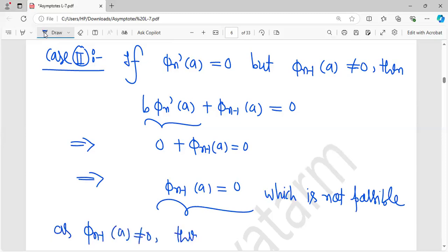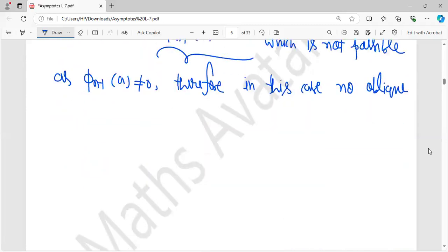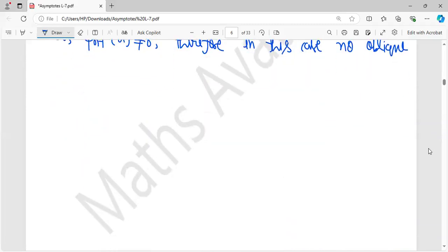Therefore, in this case, no oblique asymptote exists.